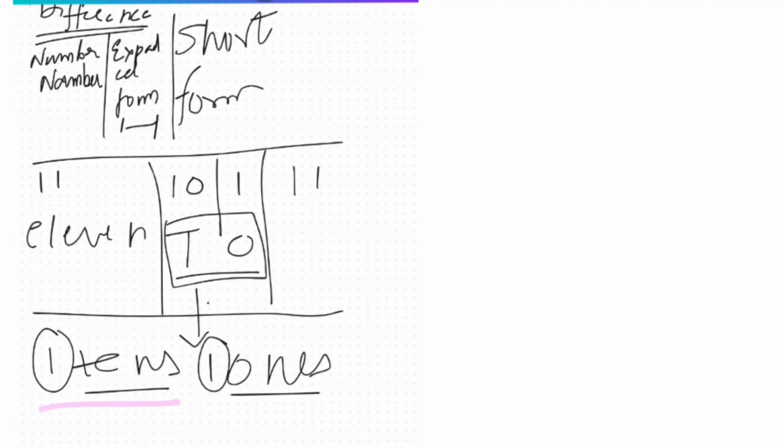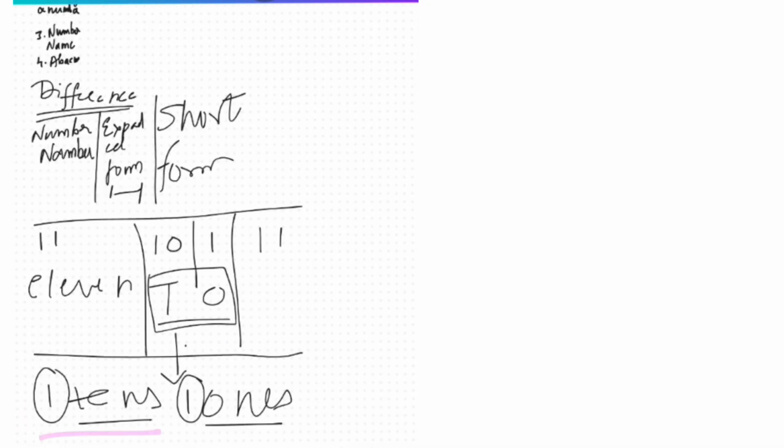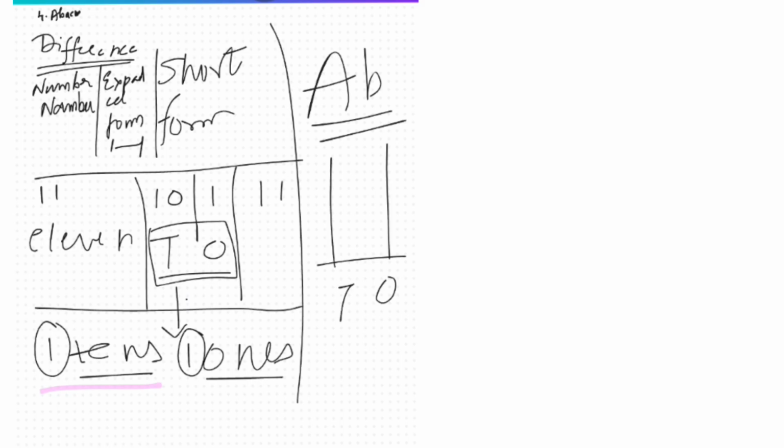Now the next concept is the abacus. We denote abacus as AB. In this abacus we have two spikes, one for ones and one for tens. If I want to write 11, I can put one bead here and one bead here.